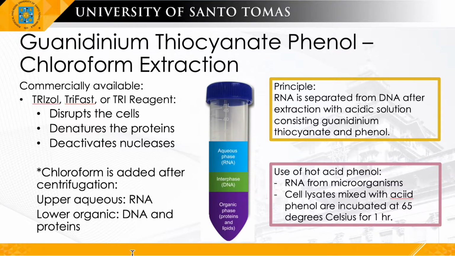That's before centrifugation to produce this kind of setup. The use of hot acid phenol is for RNA from microorganisms, and cell lysates mixed with acid phenol are incubated at 65 degrees Celsius for an hour. So let's watch this together.